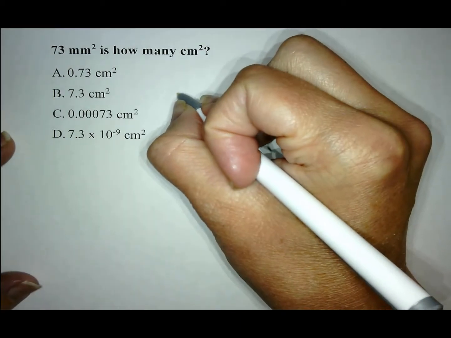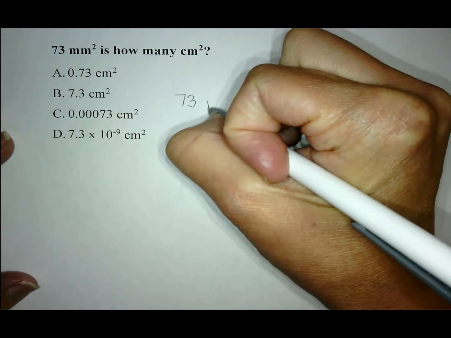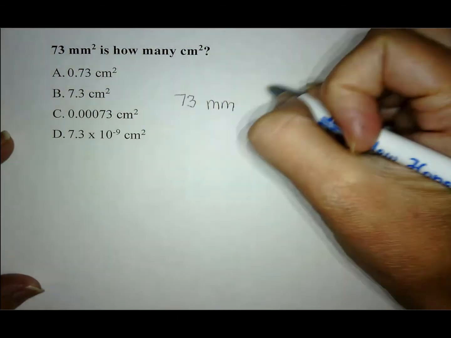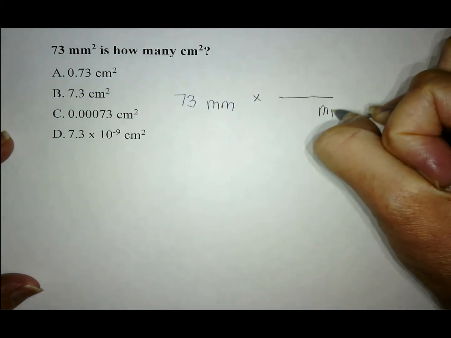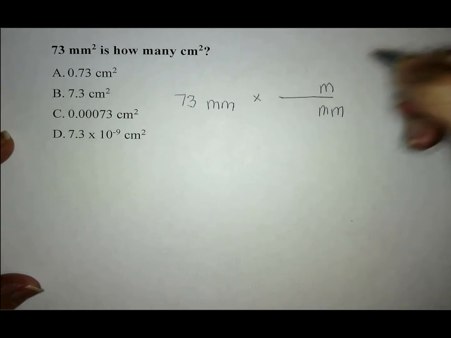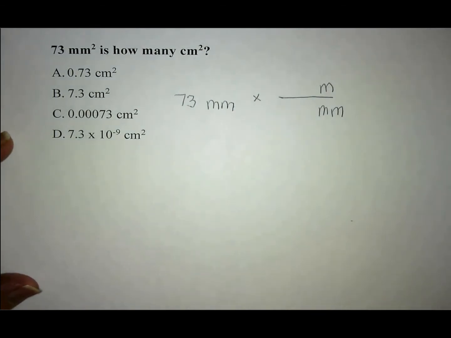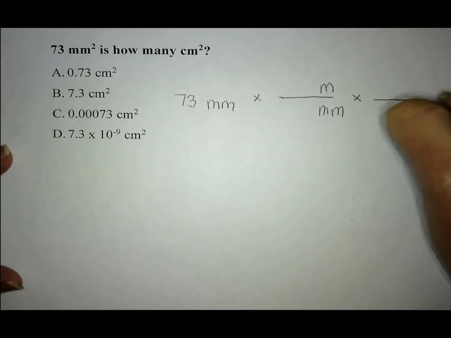So again, I start out with a number I'm given, 73, and let's just pretend for now that it's only millimeters. We would go from millimeters to meters. Millimeters would go on the bottom to cancel out, meters on top since we're trying to solve for that as our intermediate. And then I can string them together.